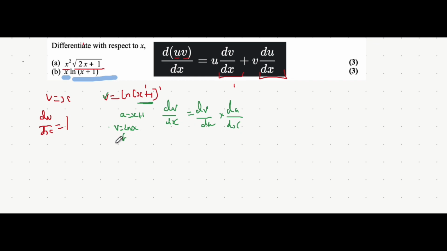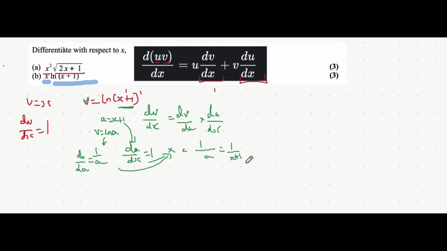So ln of a just differentiates to 1 over a. That's what dv dA is. You can find dA dx by differentiating the expression for a. So dA dx is just going to be equal to 1 because x plus 1 differentiates to 1. We then multiply these together to get 1 over a times 1, which gives you 1 over a as well. And then you can replace a with x plus 1. So it's just 1 over x plus 1.